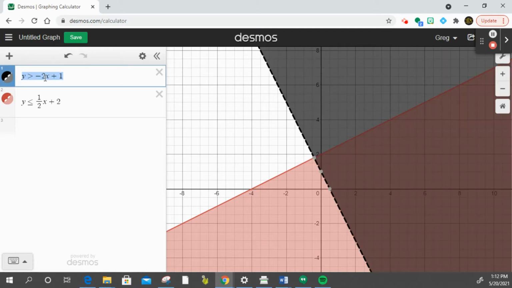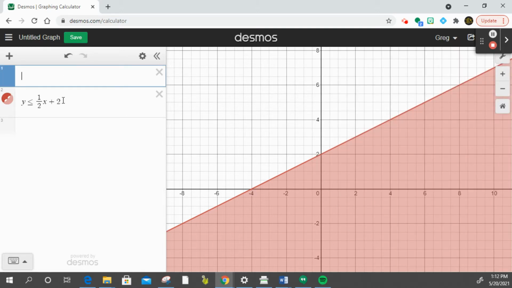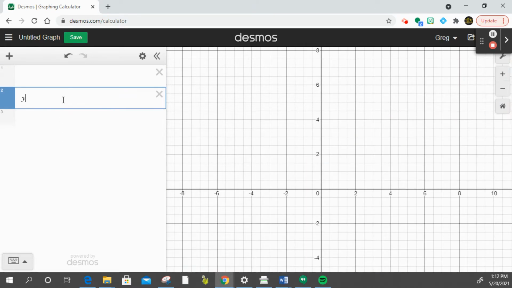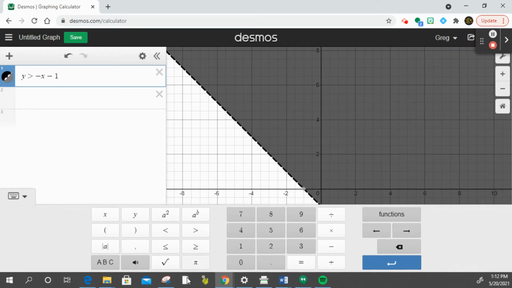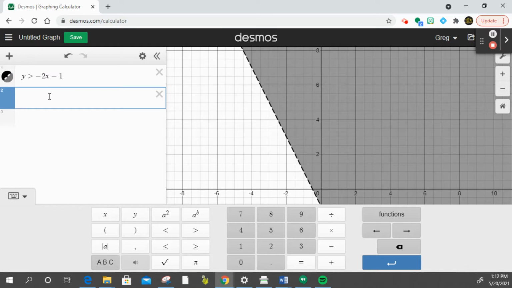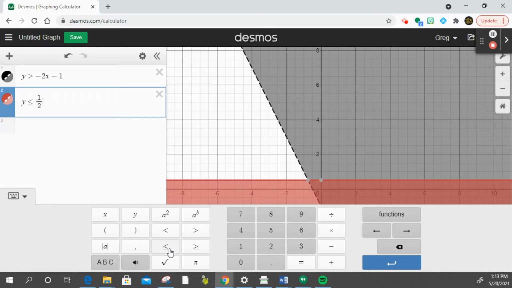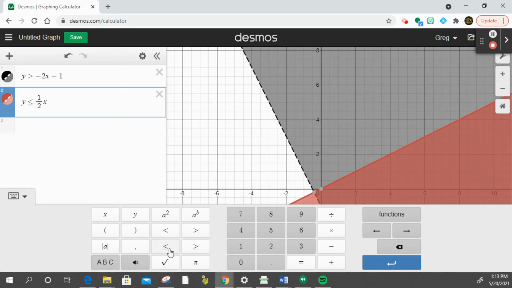Let me just show you what letter C would look like, and that way you would know, hey, this isn't my choice. Letter C, y is greater than, let's get the keyboard up, greater than negative 2x minus 1. Oops, forgot the 2, didn't I? And then our next one is y is less than or equal to 1/2 x plus 2.